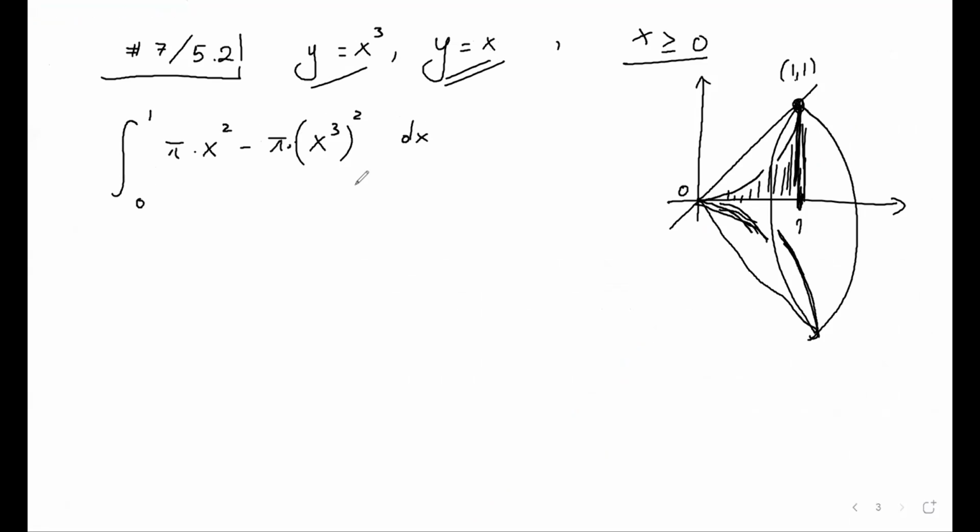And when you subtract these two, what you're getting is the integral from 0 to 1 of pi x squared minus pi x to the 6th dx. This is the thing that you are subtracting, and this is the volume that you're going to get.